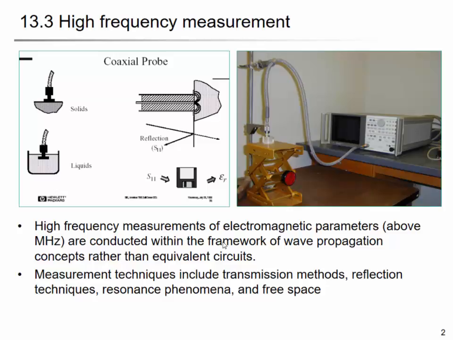there's an end of the coaxial probe, and at the end of the probe there's a wave emitted from that probe. So here you can see that this is the wave guide and this is the coaxial cable.